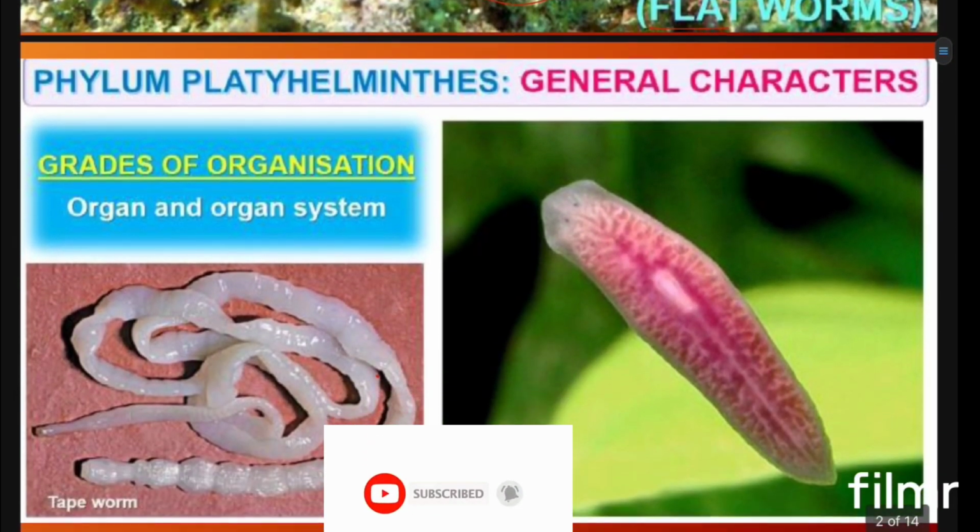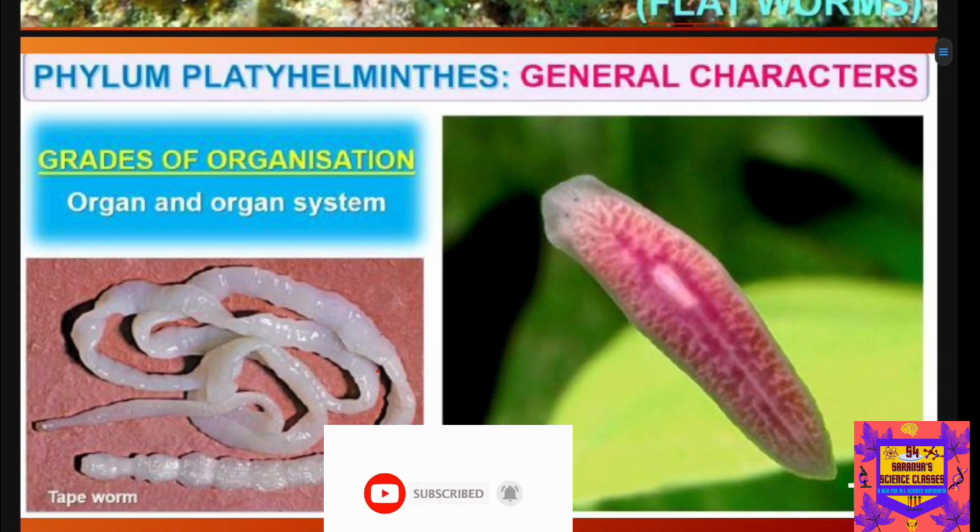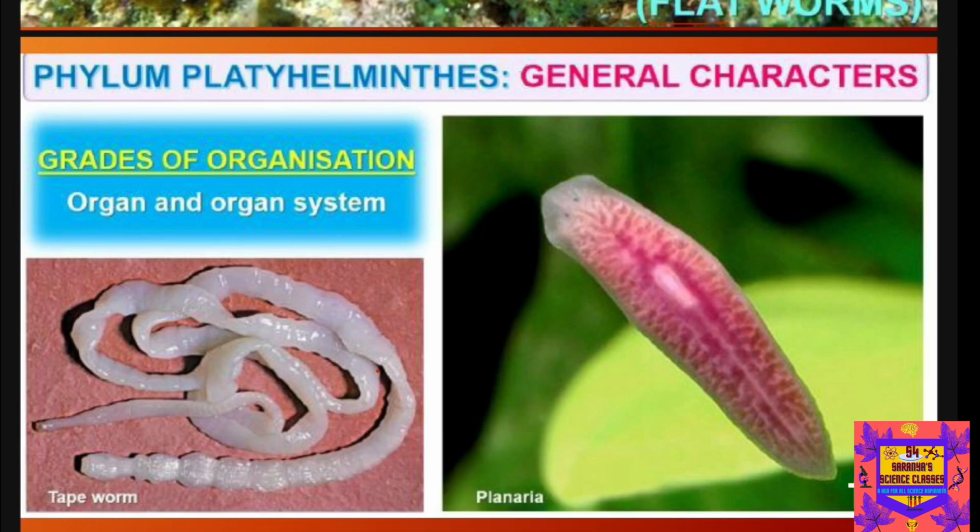What are the general characteristics of flatworms? If you check their grades of organization, you can see that they are somewhat higher organisms. They have organ or organ system level of organization. We have learned that Porifera, then Cnidaria, and then Ctenophora are the lower organisms, which have cellular level and tissue level of organization.